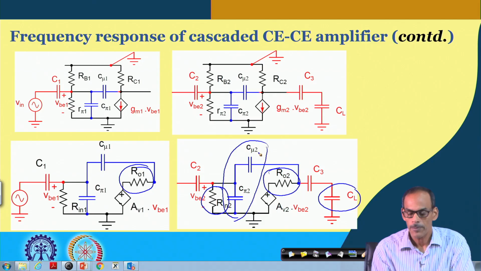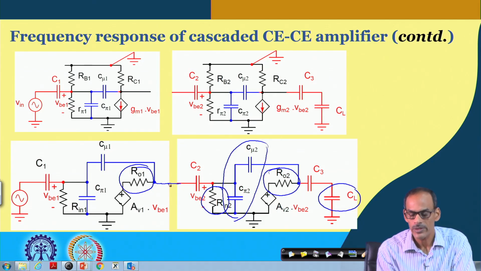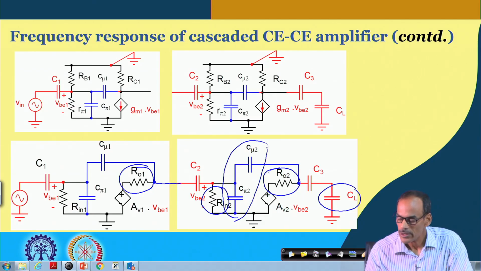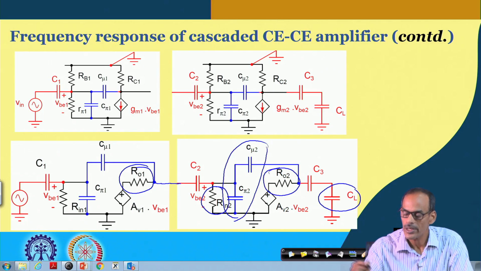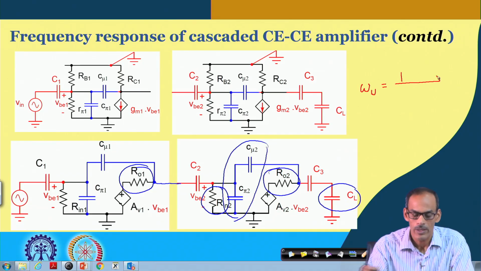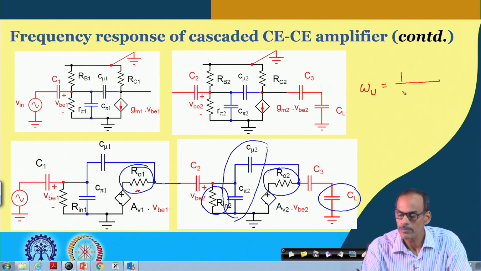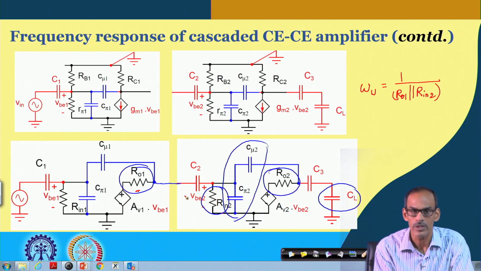So, for this new candidate to define the upper cutoff frequency, let me write the expression. Omega u, the upper cutoff frequency, comes from the resistance RO1 in parallel with Rin2, multiplied with the input capacitance here.